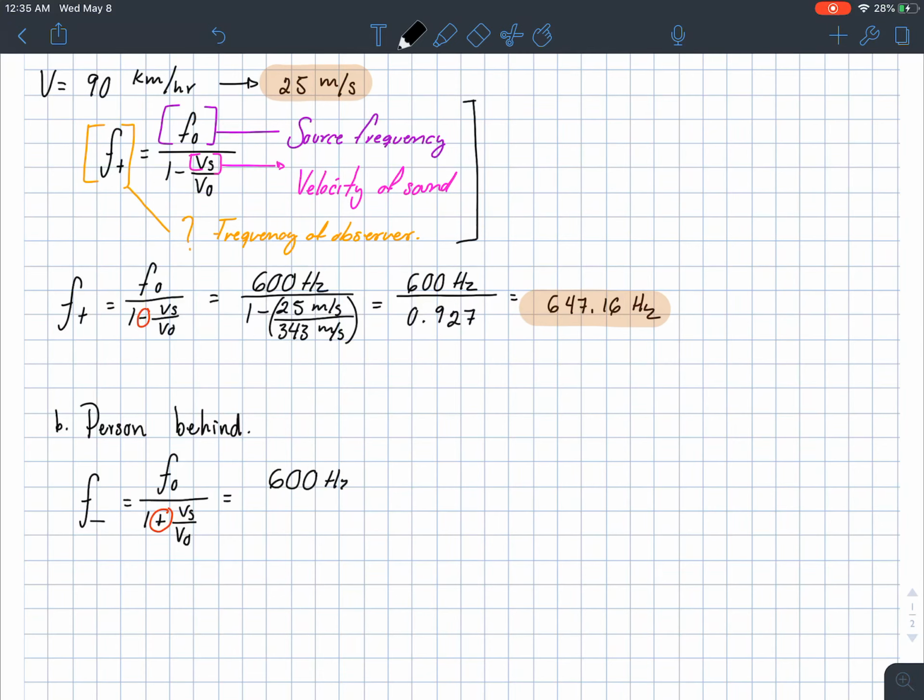So let's go ahead and continue. So 600 hertz over 1 plus 25 meters per second over 343 meters per second, which is equal to 600 hertz over 1.0728, and once again I plug that into the calculator, it should be 559.23 hertz.